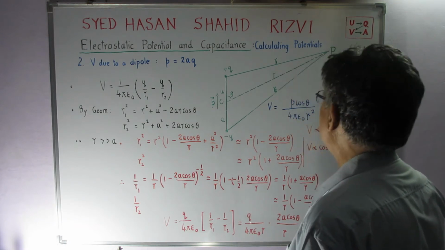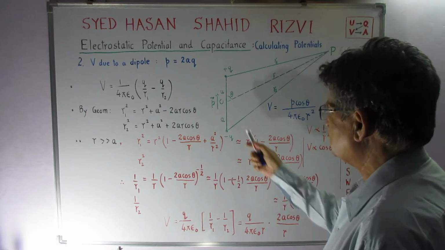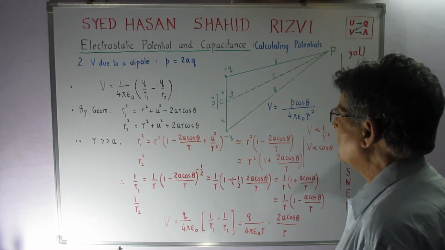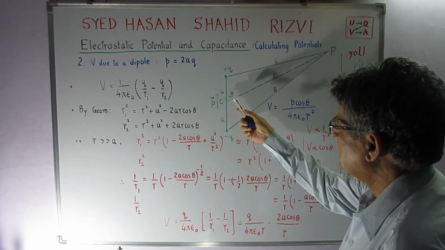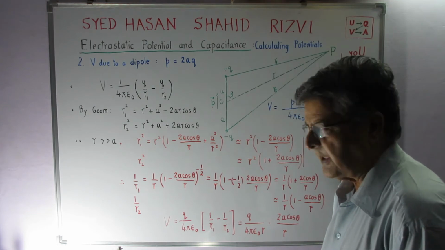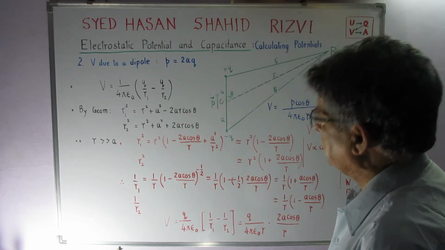This time we have taken a point P, which can be defined because a is very, very small as compared to r. This is defined by an angle theta, which r makes with the dipole moment vector p.